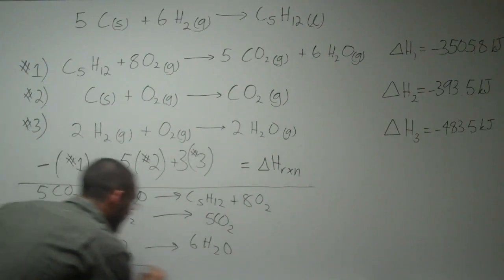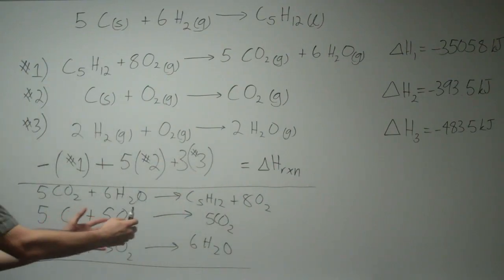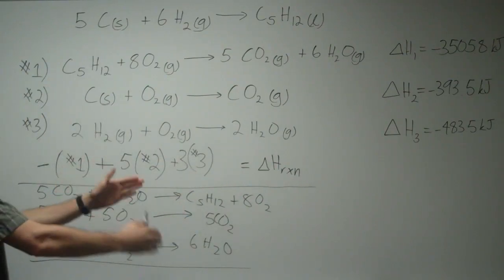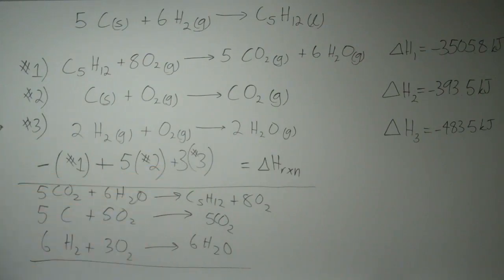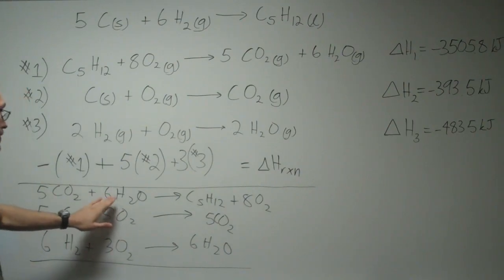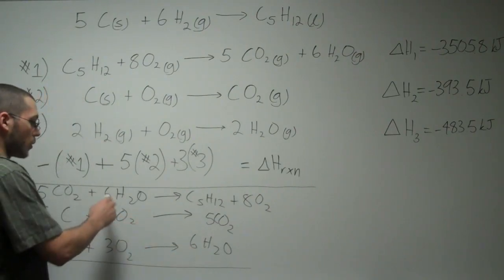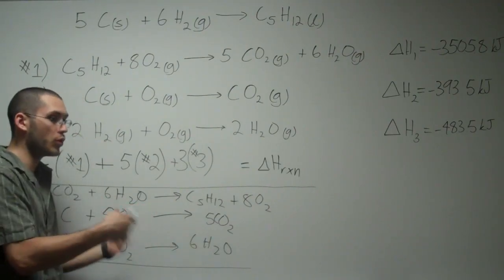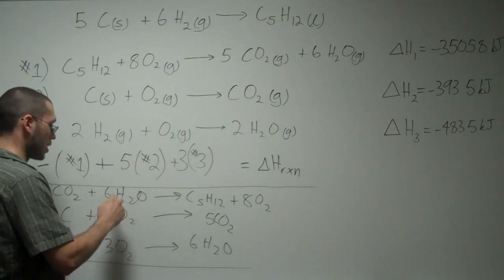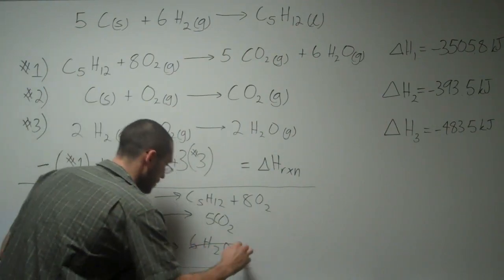And what I'm going to do is add these up. Whatever appears on the reactant side and appears on the product side, I can cancel if they're the same. Let's cancel, what's easy? Oh, waters. I have 6 waters on the reactant side up here and 6 waters on the product side over there. So ultimately, no new amount of water was produced or lost. So I can just cancel these.